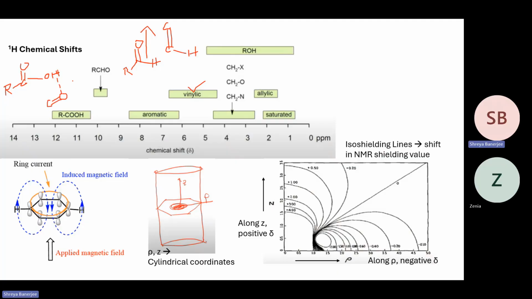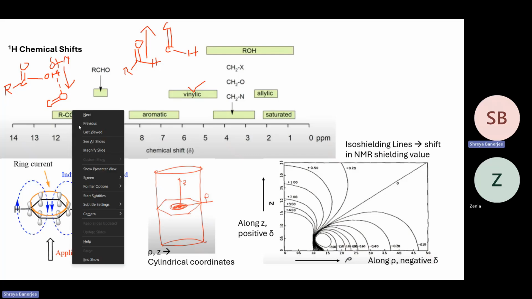So what will happen whenever there is hydrogen bonding? More electron density will be withdrawn away from the hydrogen. So this delta plus charge on the hydrogen will increase even further. That is why carboxylic acids are very much downfield shifted, up to even 12 ppm.